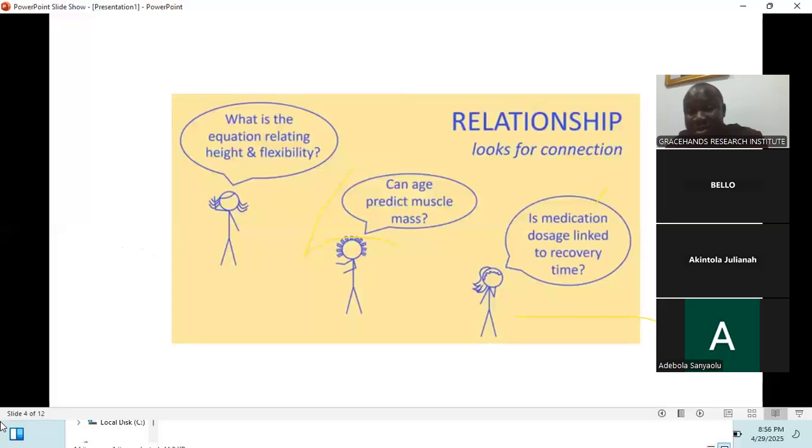Does how many staff the company has hired affect their profit level in 2025? I hope I'm making sense. Relationship. Is there a connection?